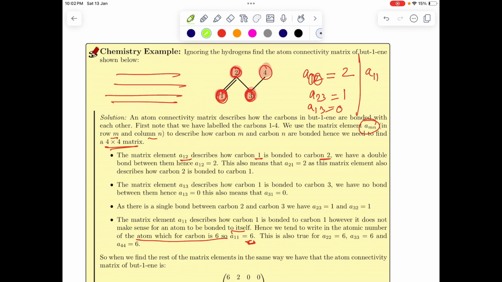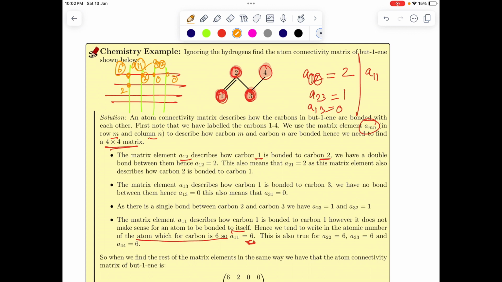So now we have a nice matrix because we have 4 carbon atoms. So 1, 2, 3, 4 rows I can create, and 1, 2, 3, 4 columns I can create. And what I'll put over here, A11, it means carbon 1 is bonded with 1, so that will give a value of 6. What about this A12? So carbon 1 and 2, how many bonds are there? 2. A13, 0. A14, 0.